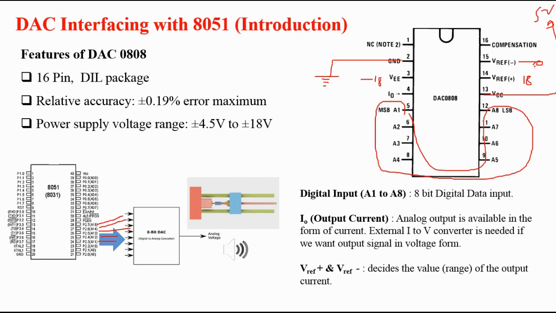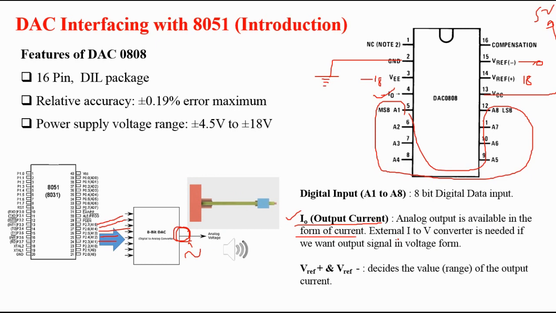Now we are left with the output current IO. This is the pin called the analog output pin. The analog output is available in the form of current.